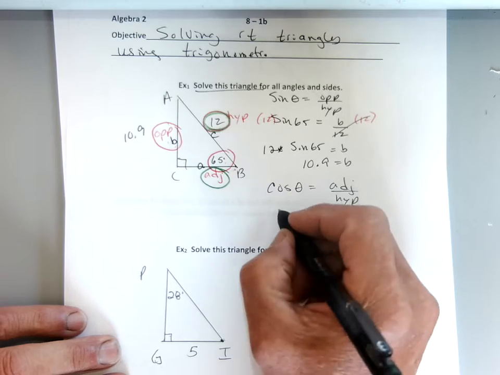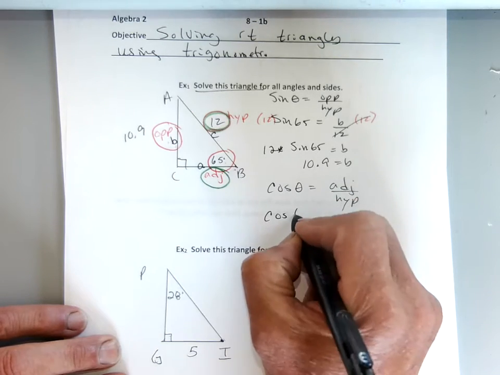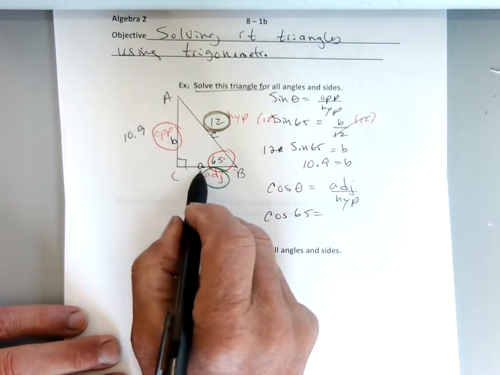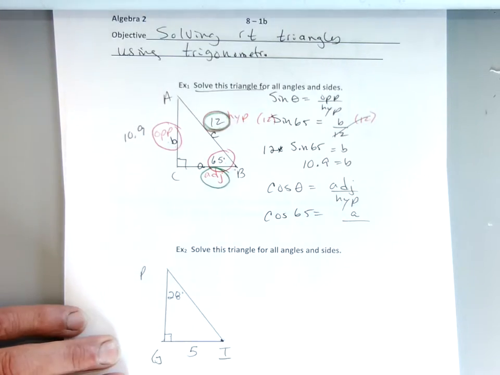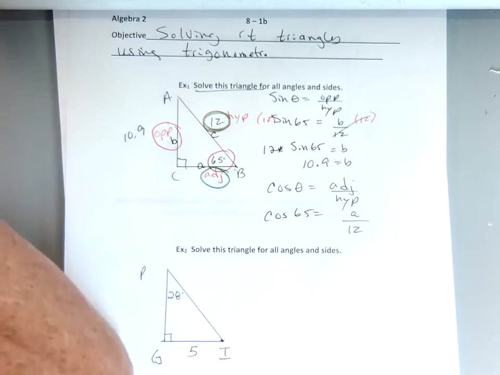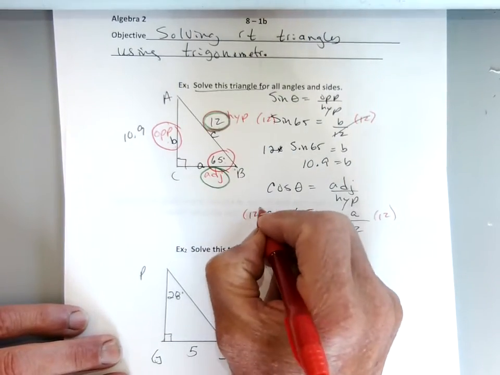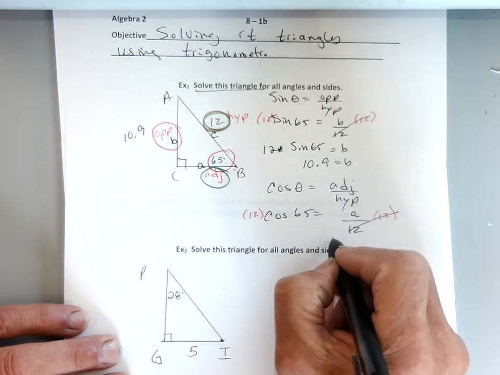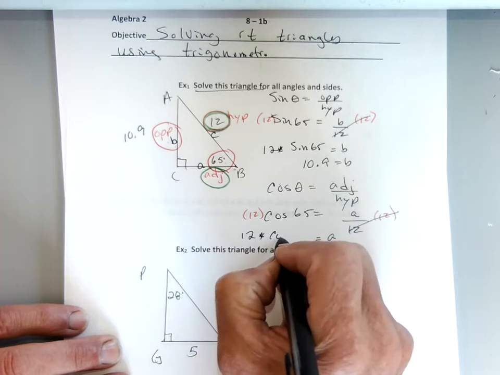Okay, so then cosine of 65 is equal to my adjacent side, which I don't know, I'm going to call it little a, over the hypotenuse, which is 12. And I'll multiply by the 12, and I will get a to equal 12 times the cosine of 65.